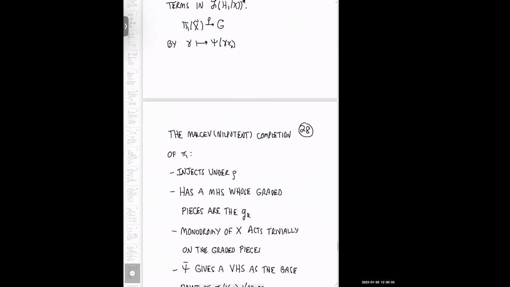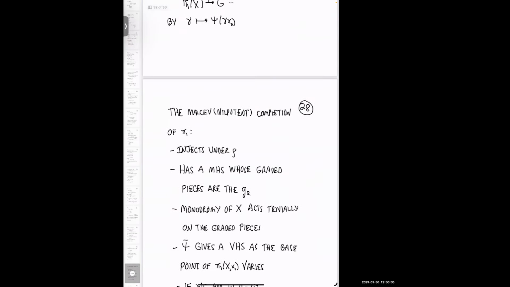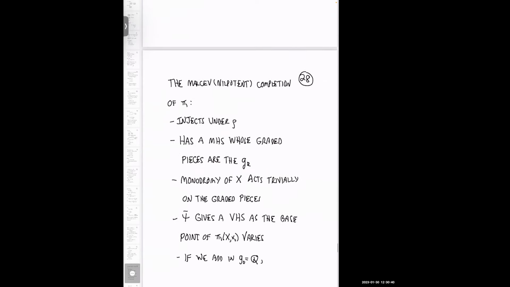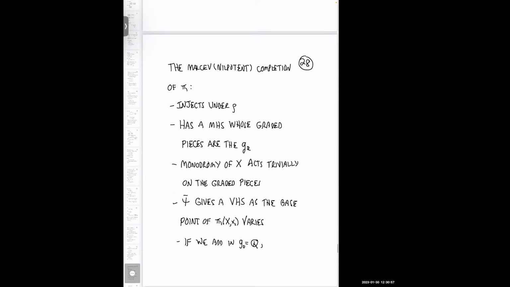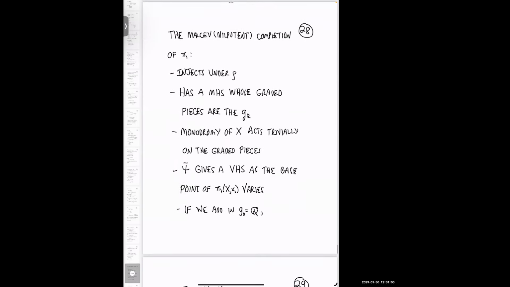And so the nilpotent completion of pi1 injects under this map, and it has a mixed Hodge structure, and the graded pieces are the GKs, but the extension data is varying as you vary X naught. And so this gives you a psi bar variation of Hodge structure as you move the base point.